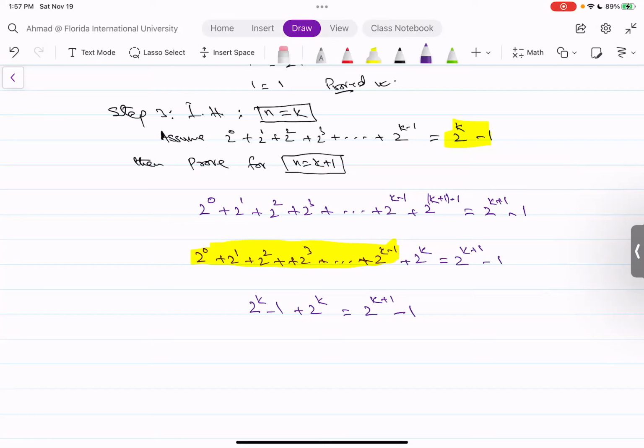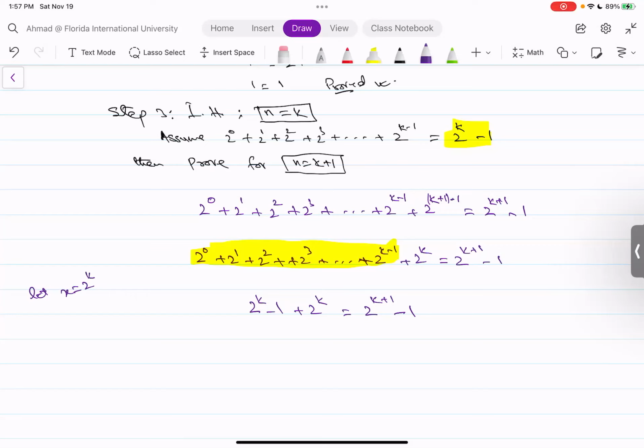So how can I do that? What should I do here? Let's see what we can do. Let's say, for example, let x be equal to 2 to the power k.